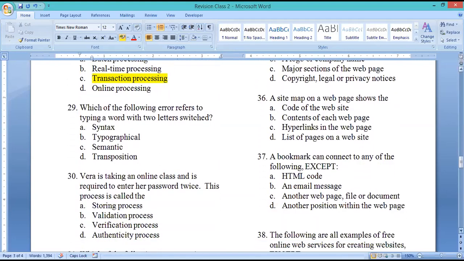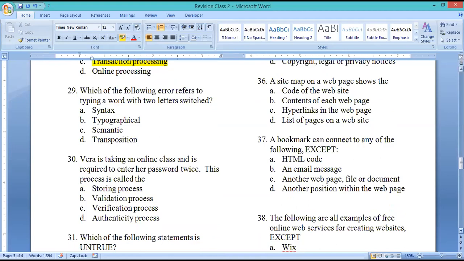Yes, miss. Alright, which of the following errors refers to typing a word with two letters switched? What error would that be? You're typing up something and two letters are switched up in the word. Transposition. D? What did you say? Transposition.